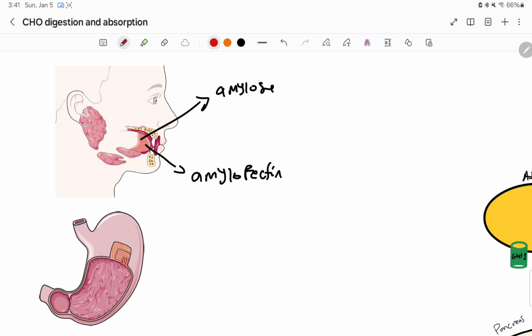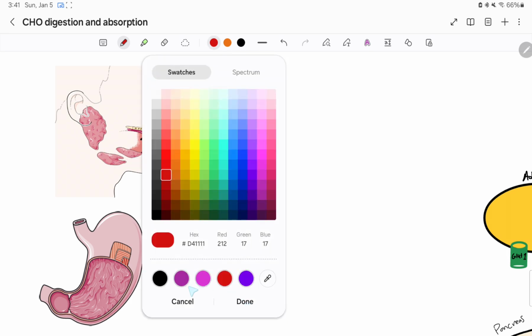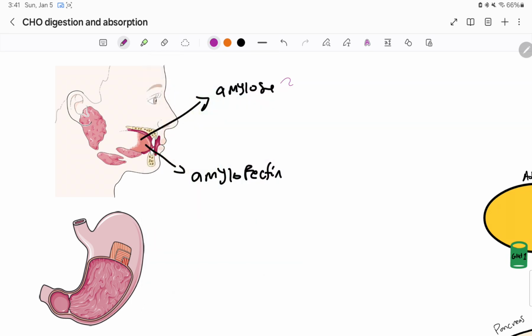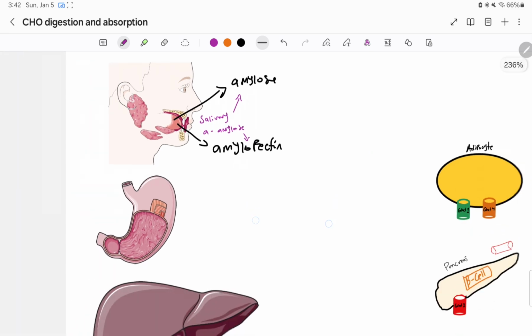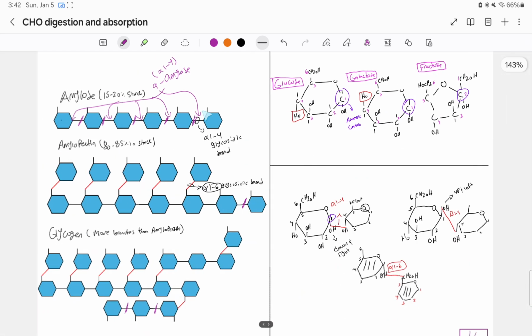At the level of the oral cavity here, we have a specific enzyme being secreted within the saliva. And that enzyme, if you recall from the gastric video, was called salivary alpha amylase. So salivary alpha amylase will go and act on the amylose and the amylopectin, and just like what we showed in the last slide, it would do exactly this.